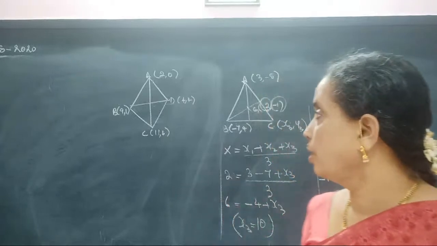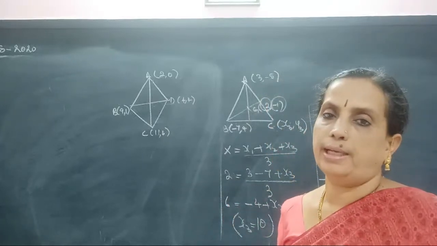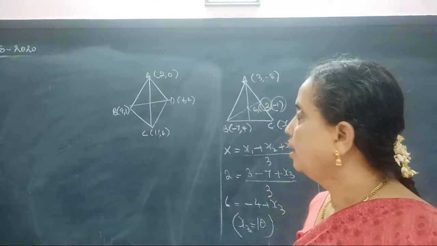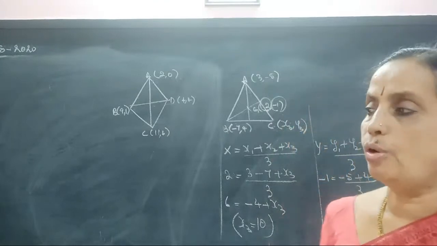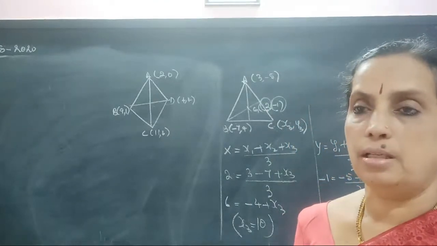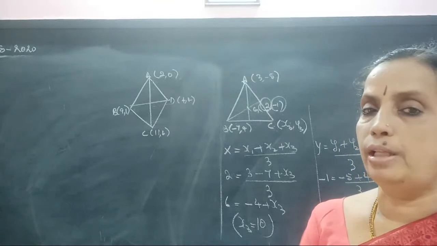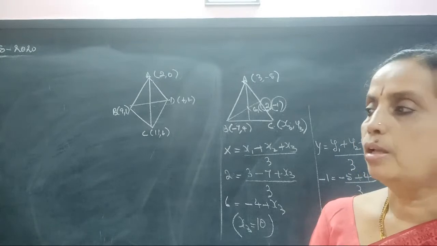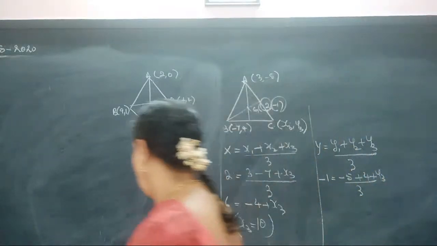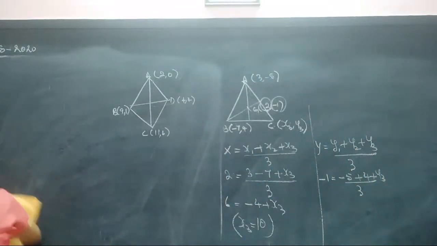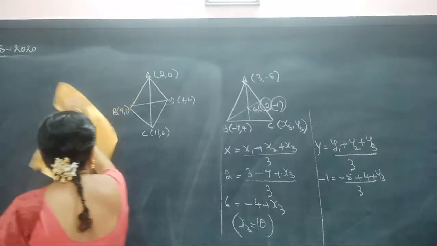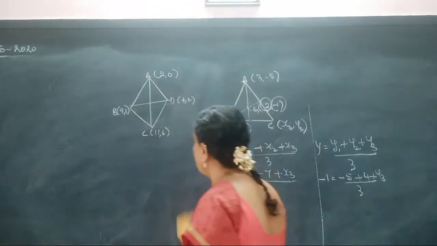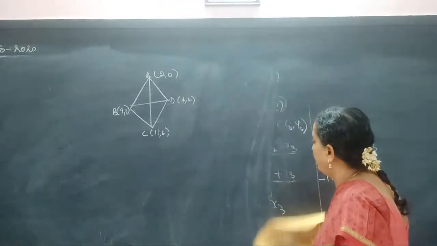So calculate all the four sides AB, BC, CD and DA. Also calculate the diagonals and then determine whether it is a rhombus or a square using the distance formula, so that you can mention at the end the property why it is a rhombus or why it is not a rhombus.